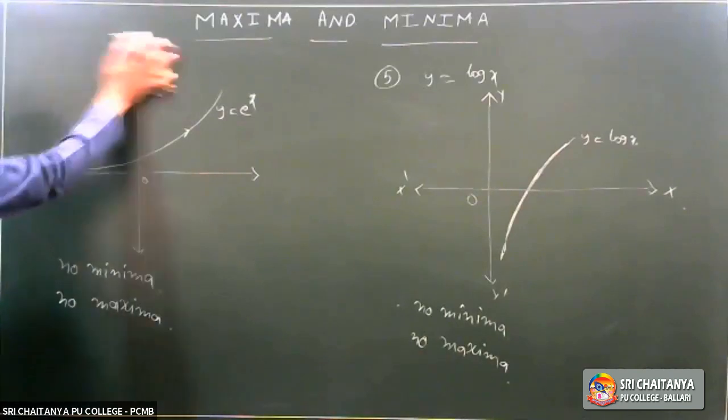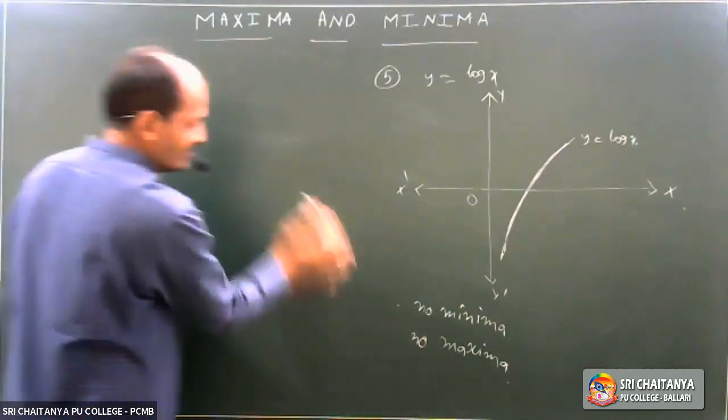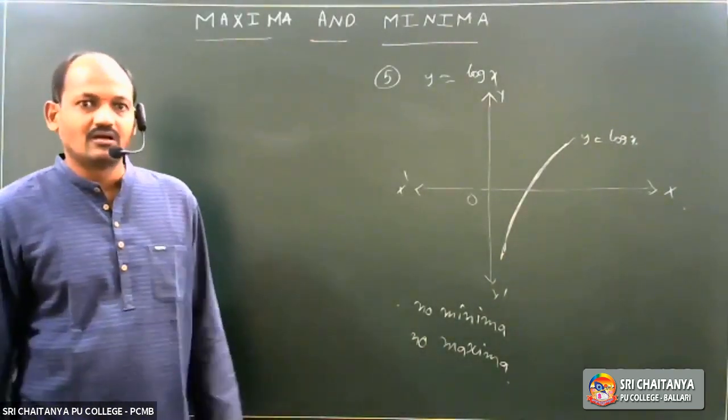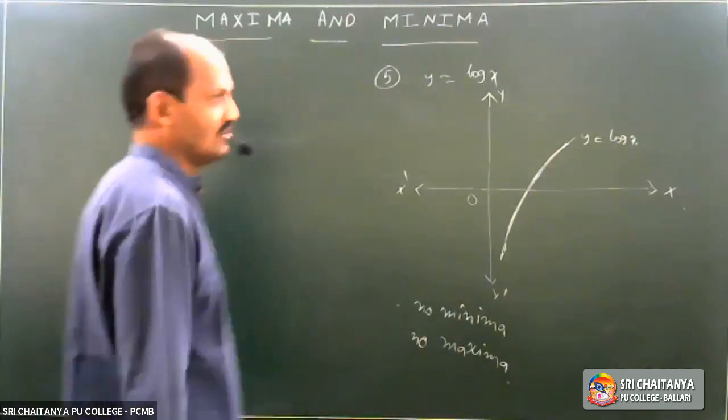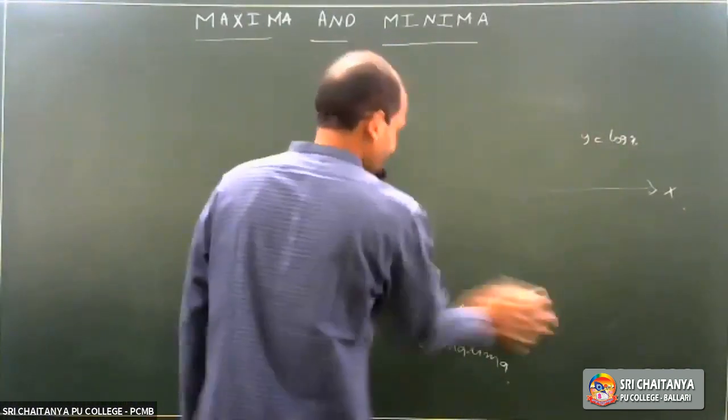So this is graphically how to identify maxima or minima, absolute maxima, absolute minima. Then how to solve the problems?